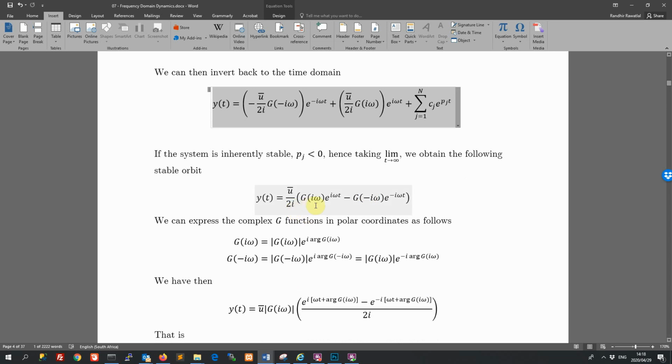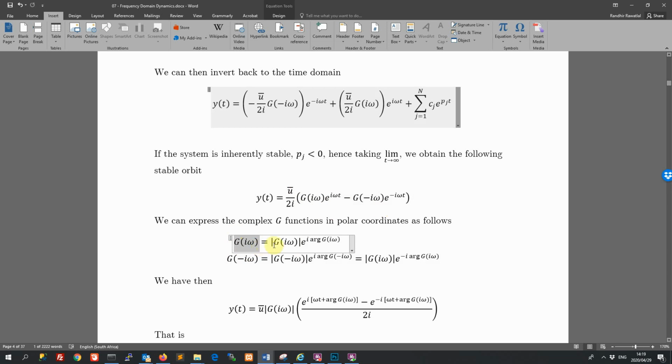Now let's expand each of these first. If we take g of I omega, generally speaking that's going to be a complex number. Whatever g is, if we stick in this pure imaginary number, we will get out, generally speaking, a complex number.